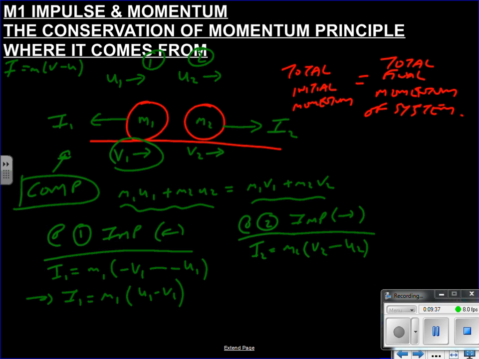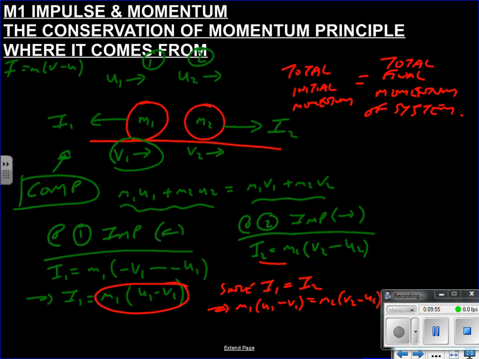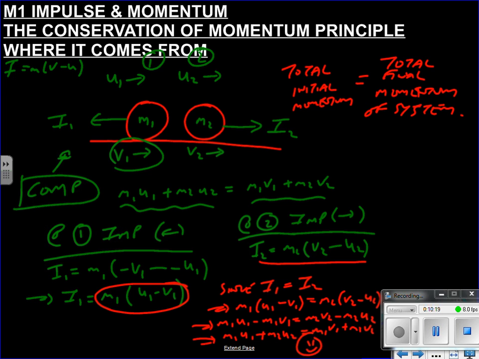Since the two magnitudes are equal, since from Newton's law I1 equals I2, we know then that m1(u1 minus v1), that's this bit, must be the same as m2(v2 take u2), that's this bit. And therefore, multiply it out: m1u1 minus m1v1 is m2v2 minus m2u2. Put all the U's on one side, put all the V's on the other side, and you have it. There you go. Proved.